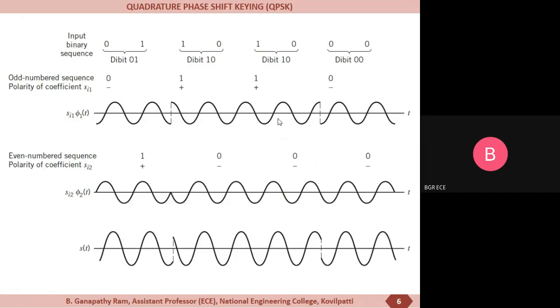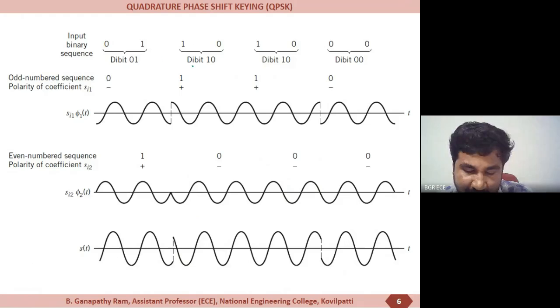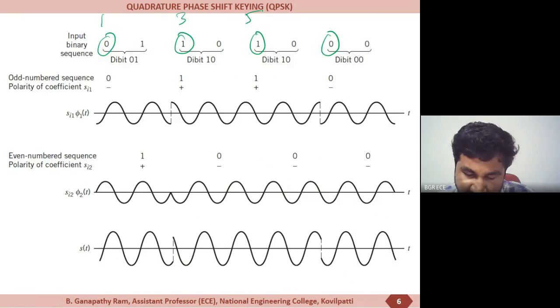In time domain, the QPSK is represented in graphical form in this way. Each of the dibits represented in the binary sequence given here, 0, 1, 1, 0, 1, 0, 0, 0, all the odd numbered positions, that is positions 1, 3, 5, and 7, are represented by Si1 phi 1 of t.